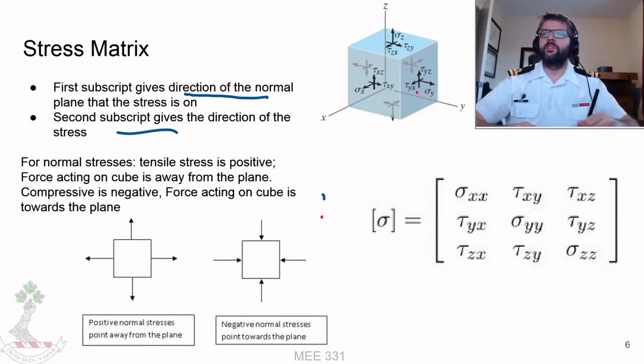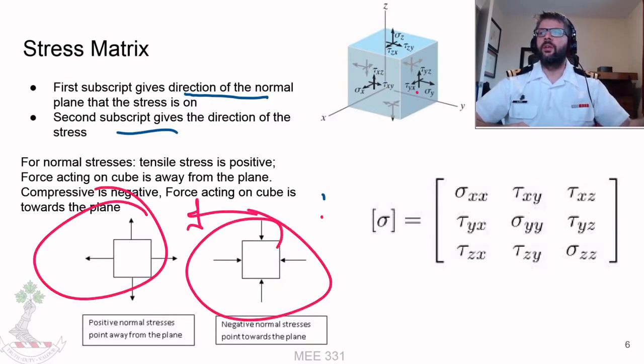So tensile stress pulls away from the cube, compressive force acts on the cube. So there's our normal stresses, or axial stresses, that are going to be generated.